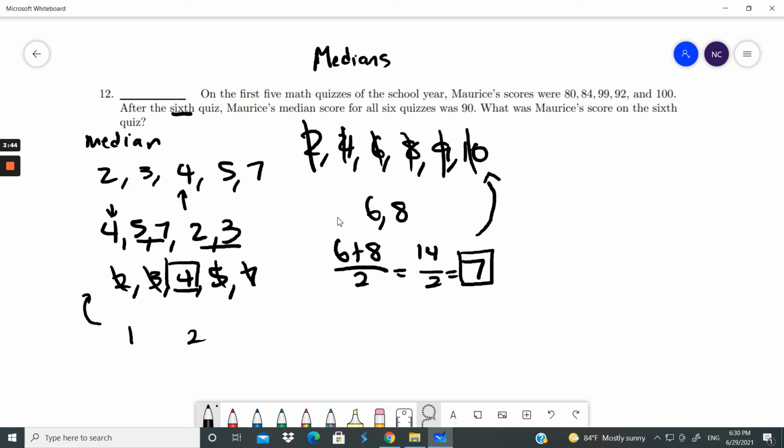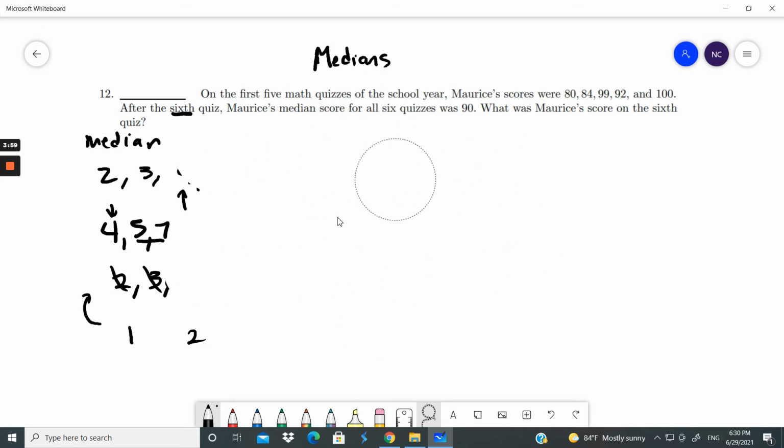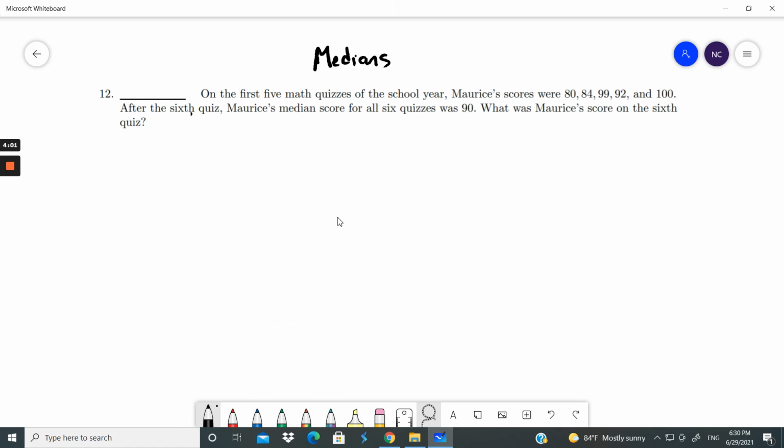Looking at this problem, we notice that there are going to be 6 numbers, which means that we are going to have to do something like this and find the middle number. Alright, so let's get rid of all of this first and then write down the numbers that we know.